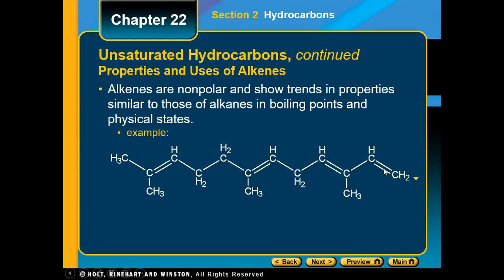Remember that you don't name the longest chain first, but the branches. If you start here, you have a branch down here. This is just CH2. You have a next branch here, and you have a next branch here. Can you see that?